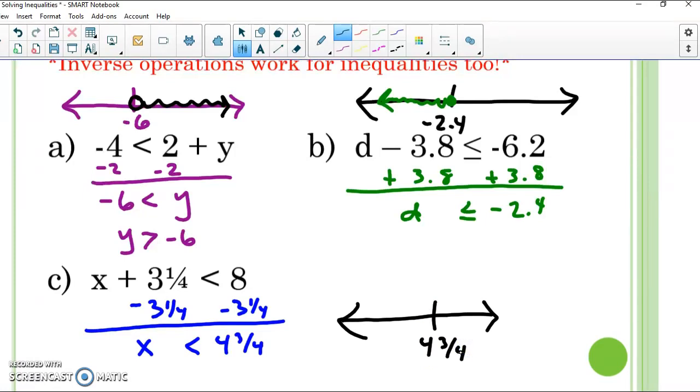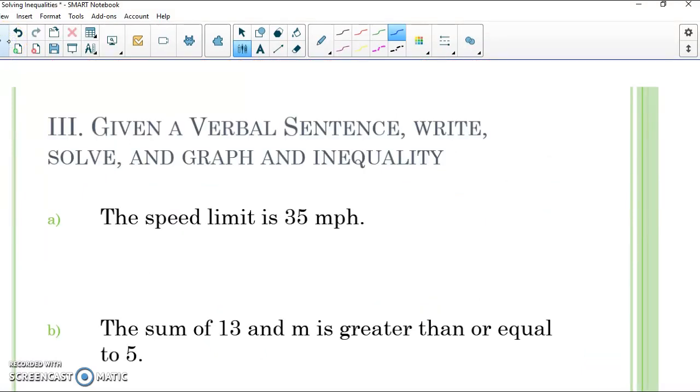So at 4 and 3/4, I'm going to put an open circle because x cannot be equal to 4 3/4, and it does need to be less than all of those values that are less than 4 3/4 would be part of my solution set.